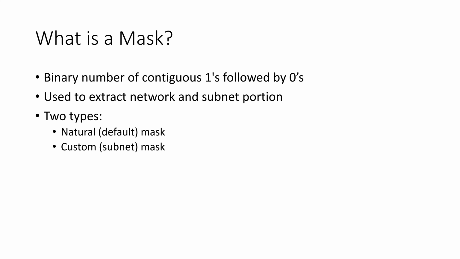This is the default for class A, B, or C networks, and a custom subnet mask, which allows administrators to extend the network portion and create subnets. Without a mask, a router wouldn't know which part of an IP address is the network or subnet and which part is the host. This mask is essential for routing decisions and internal address management.